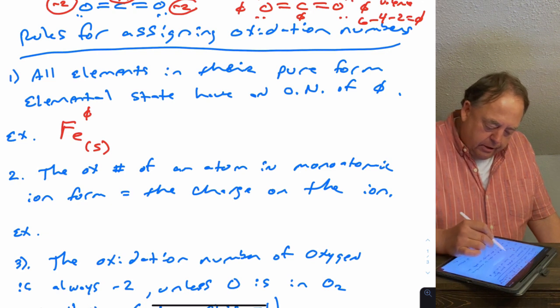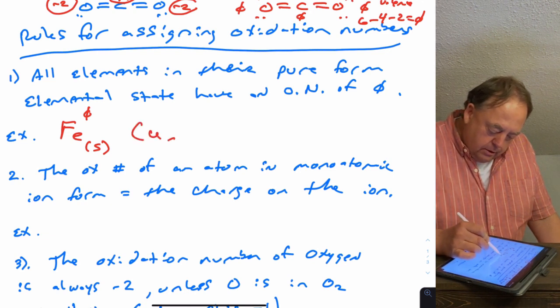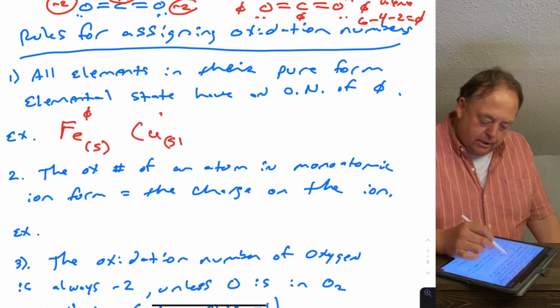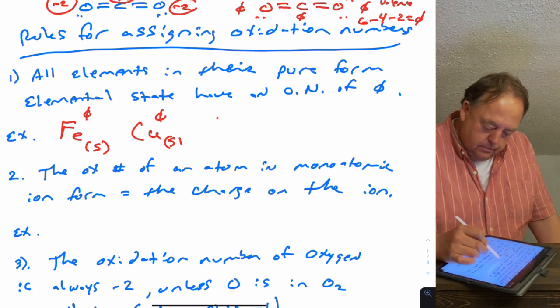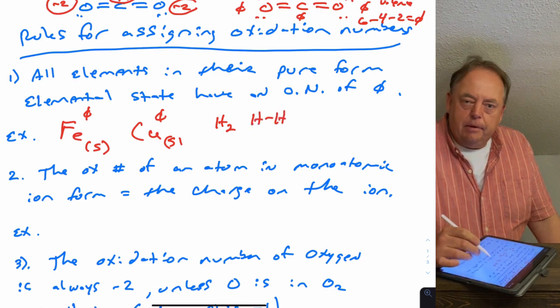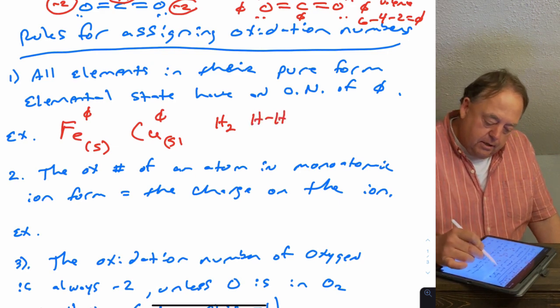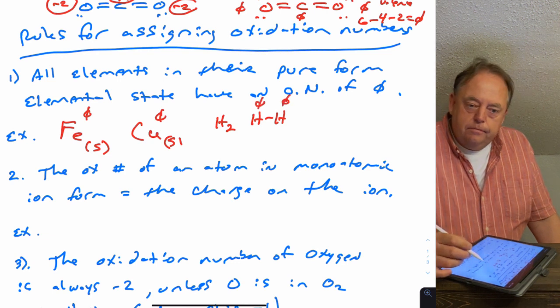How do you find copper in nature? As a solid, so pure copper has an oxidation number of 0. How do you find hydrogen in nature? Hydrogen exists as a diatomic molecule, so pure hydrogen has an oxidation number of 0.